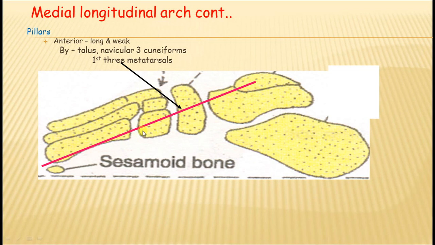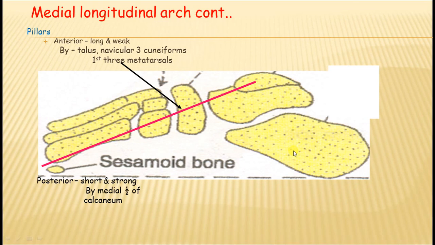The anterior part is somewhat longer, and because of its lengthiness it is weak. It is mainly formed by these bones from anterior to posterior: medial three cuneiforms, metatarsal, navicular and talus. Whereas the posterior part should definitely be strong, because it is made up of a single bone, the medial half of the calcaneum.